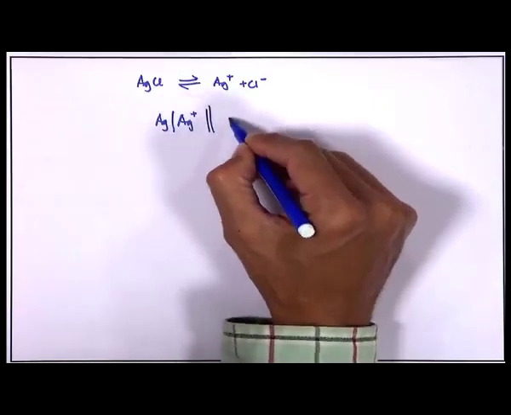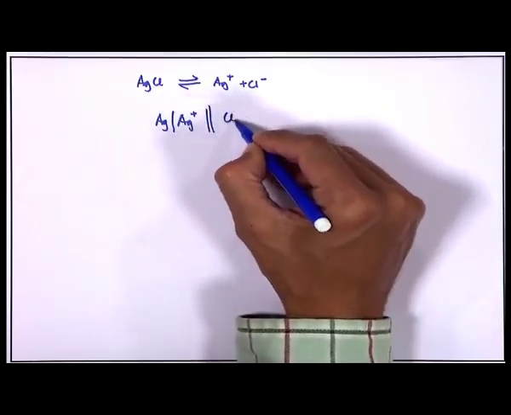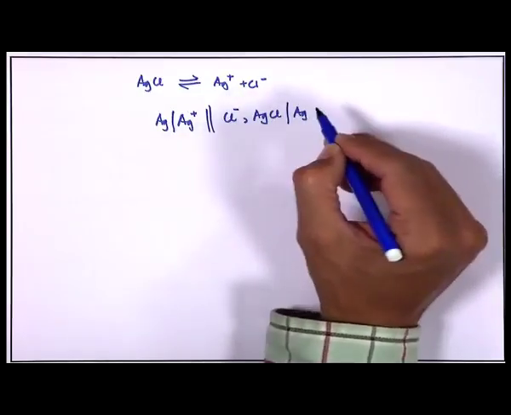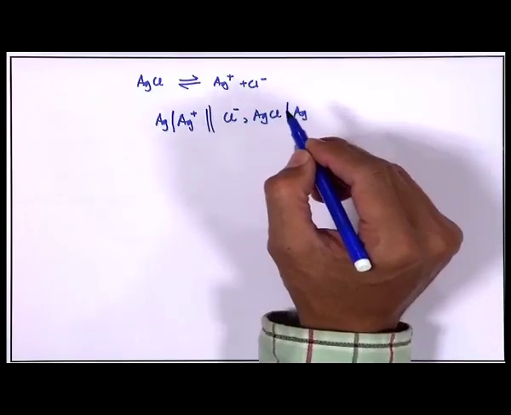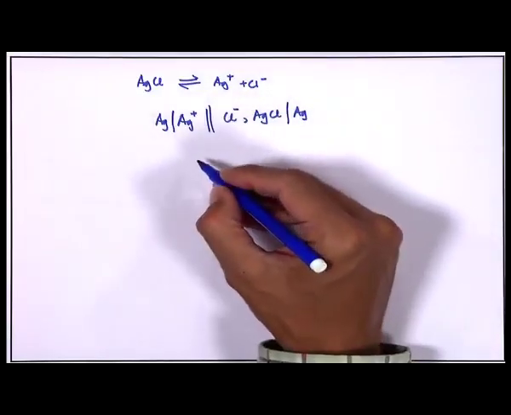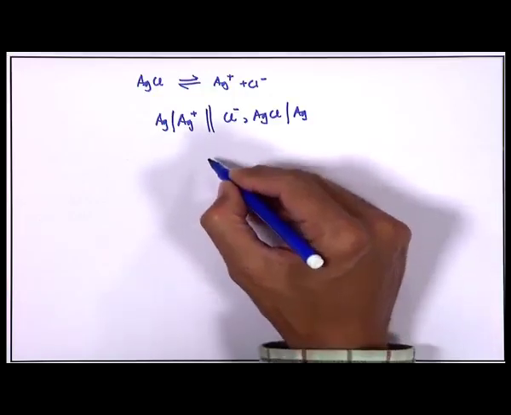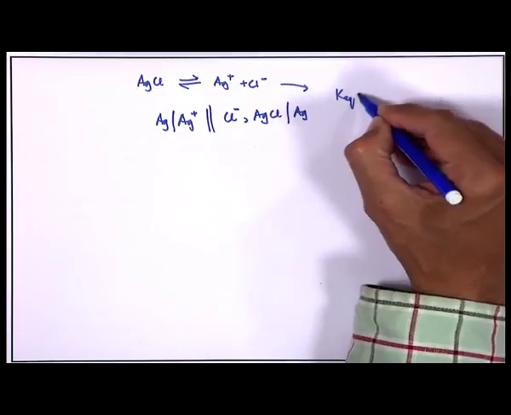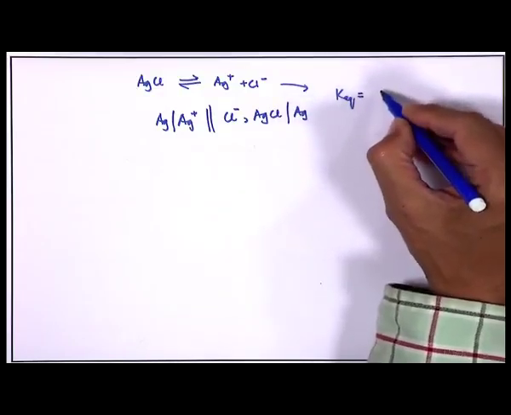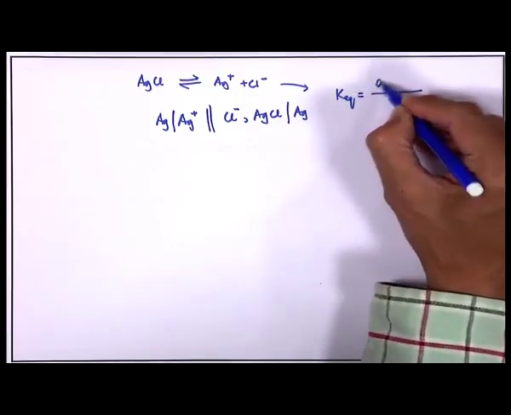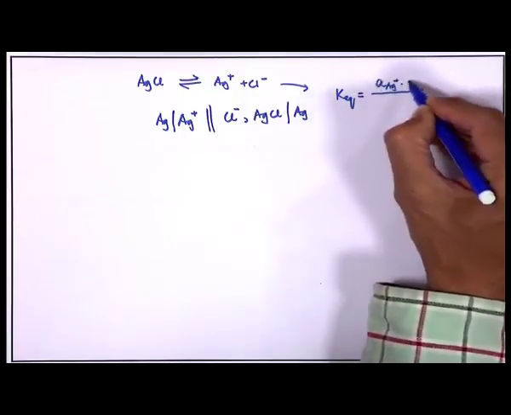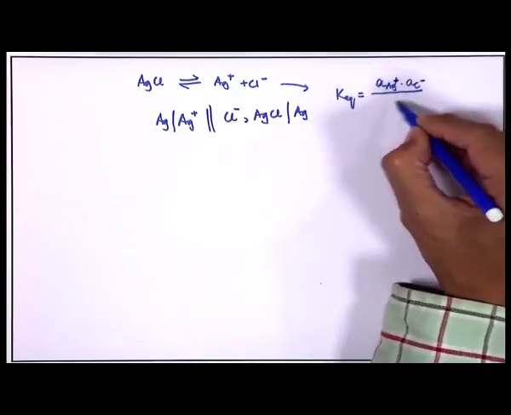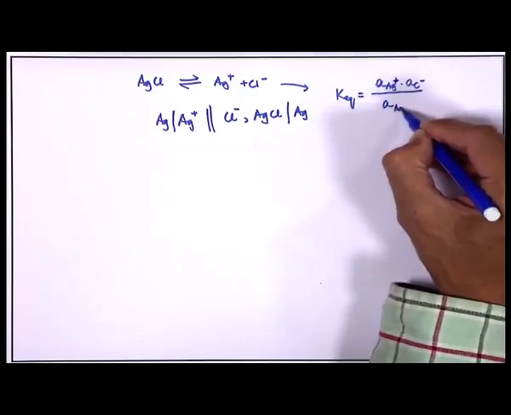So, for the net reaction AgCl giving rise to Ag plus and Cl minus, the cell is Cl minus, AgCl, Ag, Ag plus, Ag. Okay. So, the equilibrium constant for this process will be K equilibrium equal to, in terms of activity, the activity of Ag plus times the activity of Cl minus divided by the activity of AgCl.